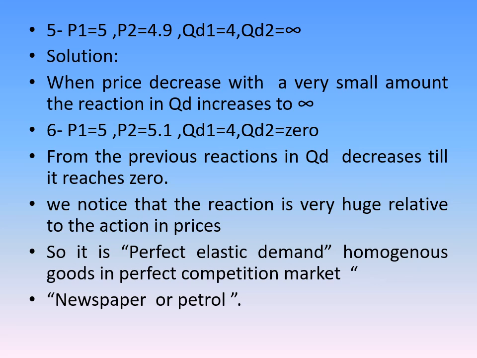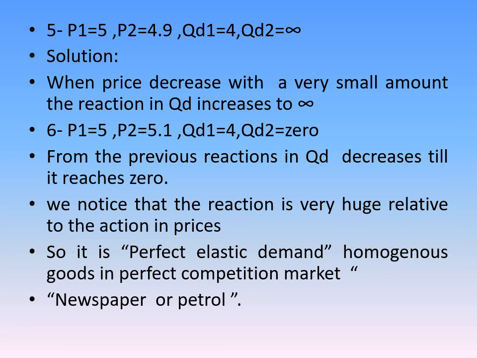On the other side, if P1 equals 5, P2 equals 5.1, QD equals 4. What is the reaction if I decide to increase the price by 0.1, a very small amount? The QD will decrease until it reaches 0. So there is no demand for my product at all because I increased the price by 0.1. From these reactions, we notice that the reaction is very huge relative to the action in prices.